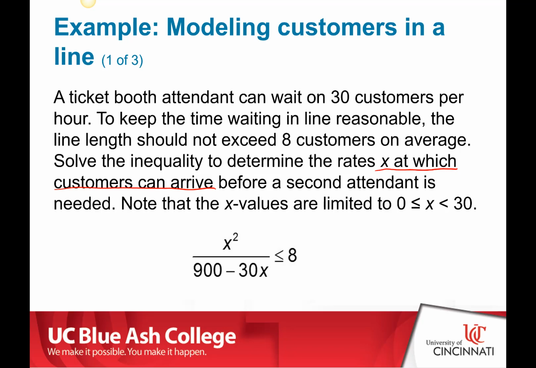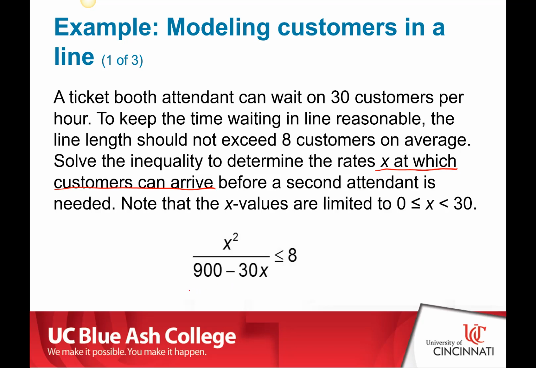X is how many customers are walking up at a time. If it's more than 30 walking up at a time, do you need a second attendant? Yeah. Why can't it be negative? You can't have negative customers. Well, I guess you can. They start grumbling about the line and leave. That'd be a negative customer in a variety of ways. But we're keeping it between 0 and 30.